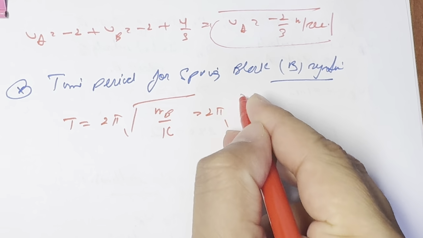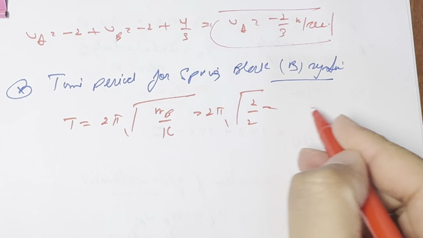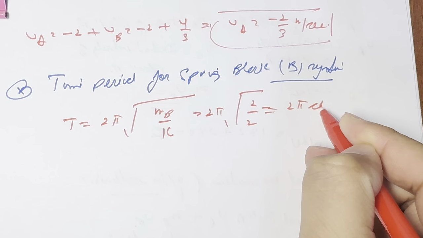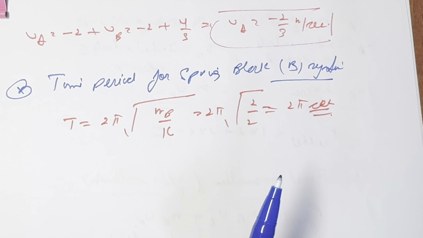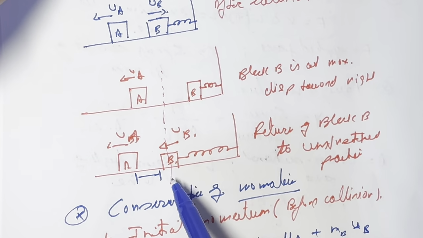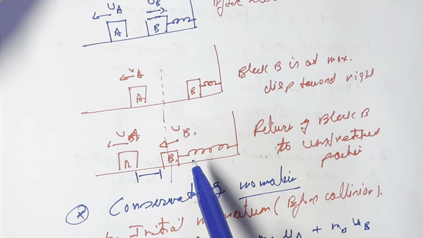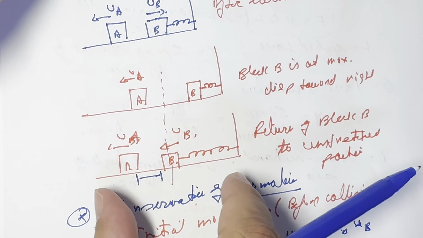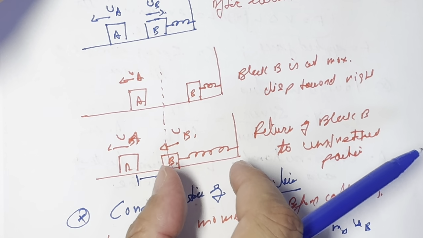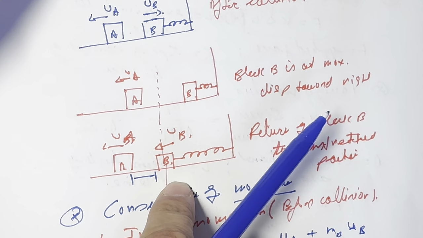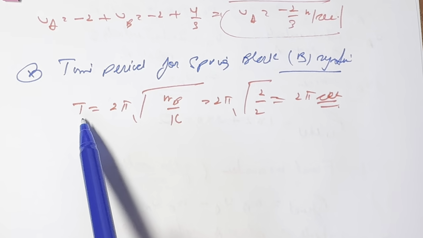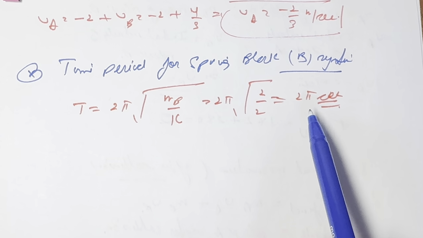So we get 2 pi root of (2 divided by 2), which equals 2 pi seconds. This is the time period for the block B spring system, but we have to find the time when this block crosses the mean position or unstretched position first time. The time period is for the entire cycle. For this half, when it is going to cross the mean position first, the time will be given by T divided by 2, that is 2 pi divided by 2.